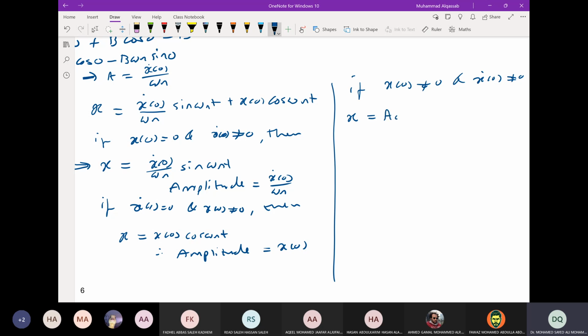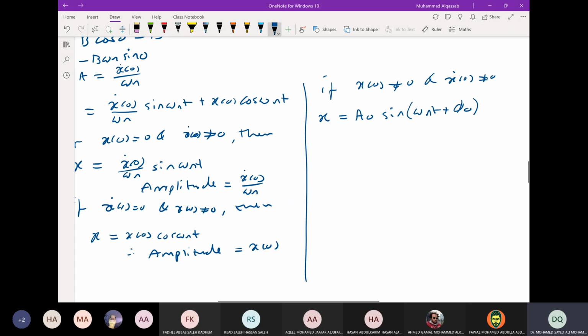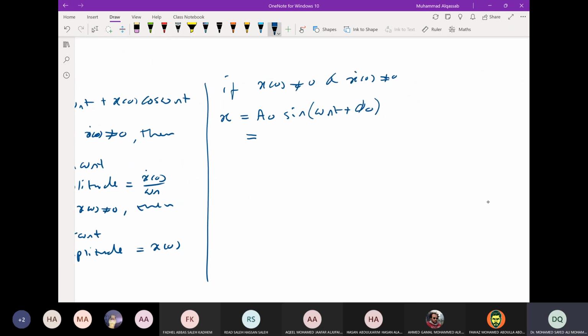So you can write it as a0 sine omega nt plus phi 0, where by expanding this, it means a0 cosine phi 0 sine omega nt plus a0 sine phi 0 cosine omega nt.